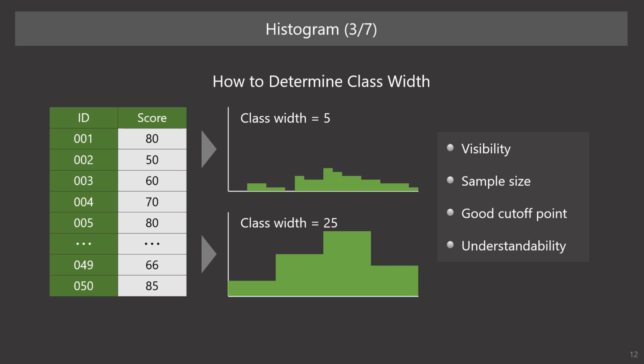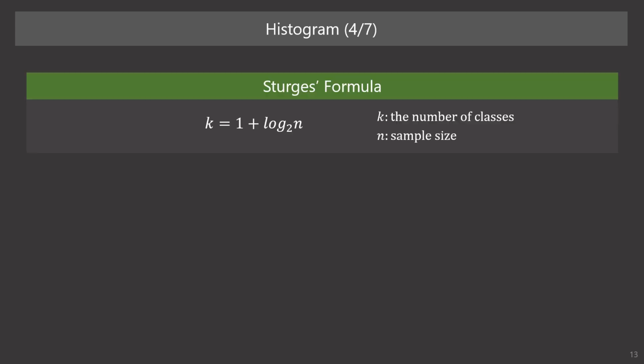It is often determined based on subjective visibility. And it depends on the sample size and is sometimes determined based on practical conveniences, such as good cutoff points and understandability. If you have trouble in determining the class width, you can use Sturges' formula.